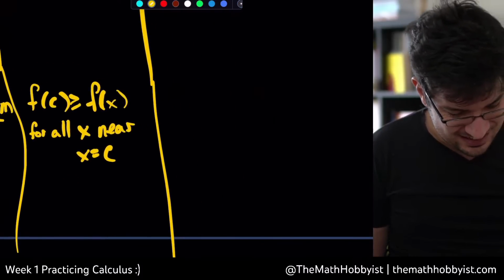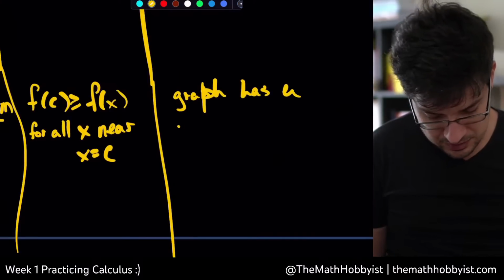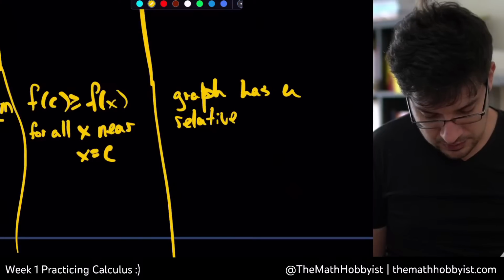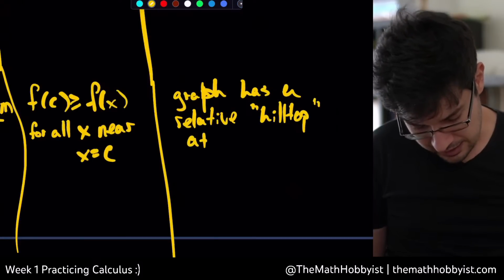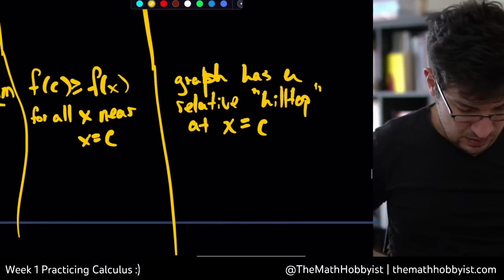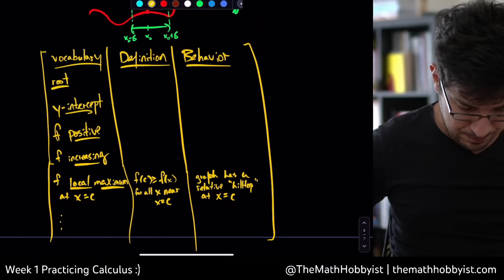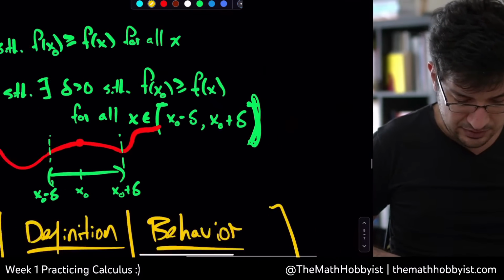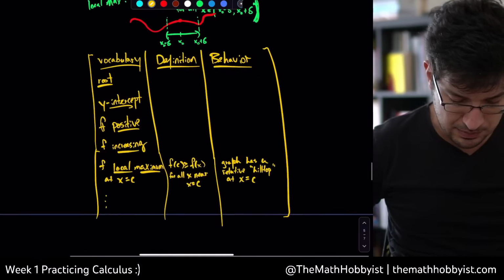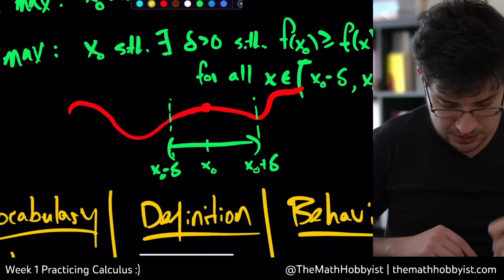And then the image that you should remember is that the graph has a relative, quote-unquote, hilltop at x equals c. Okay, I like the notation x equals c. Why not? I used x naught as opposed to x, like a specific x as opposed to all of them, but c works too. And I drew a little hilltop as well.